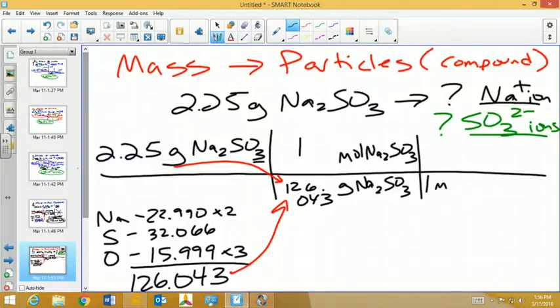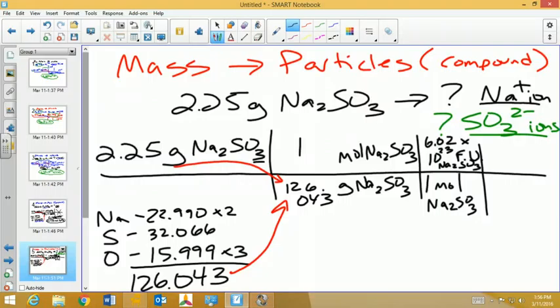So in 1 mole of Na2SO3, I am going to have 6.02 times 10 to the 23 formula units of this compound of Na2SO3. And I apologize, it's kind of getting a little squishy. I should have made these guys on the left a little smaller.